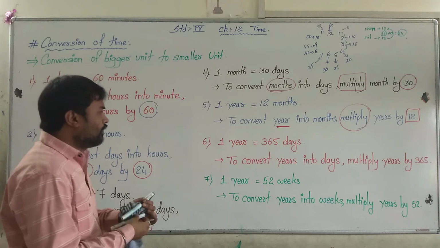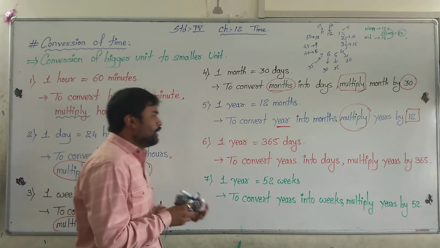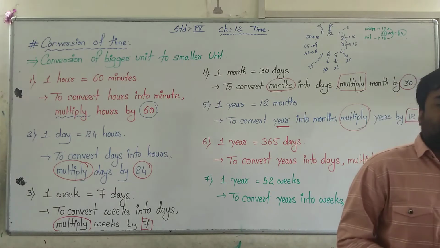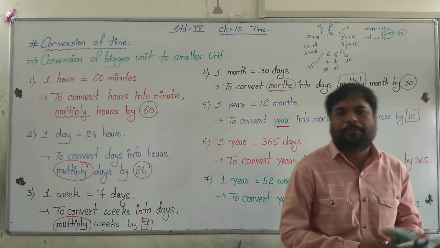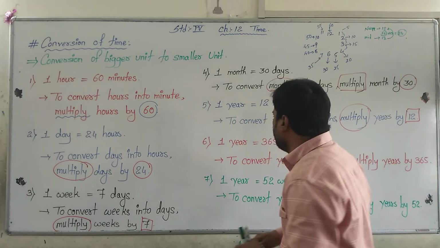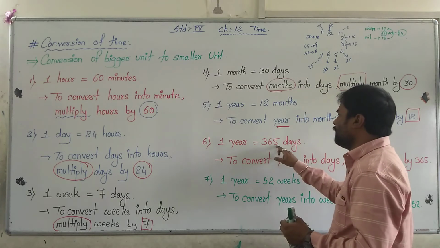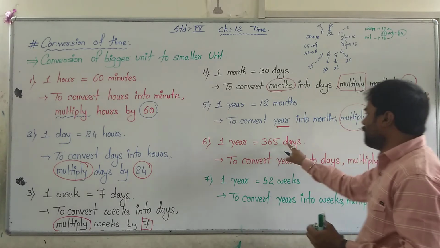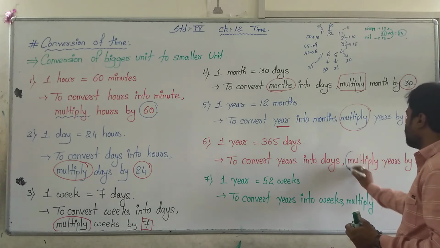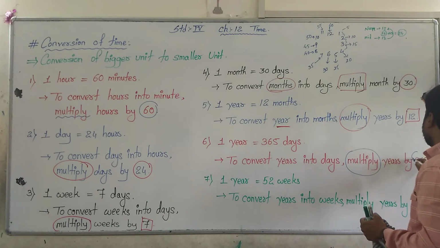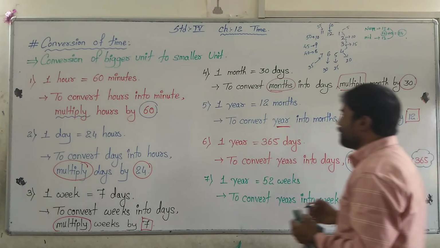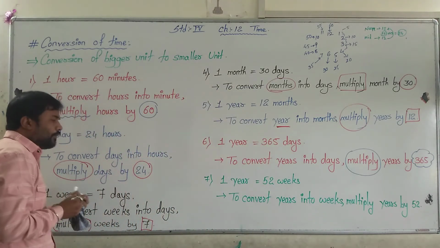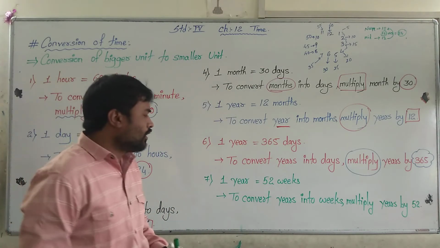Sure. Next, 1 year is equal to 365 days. If I add all the days of each and every month, the total will be 365. So to convert years into days, we will multiply by 365. You have to remember this so that we can do the calculation quickly.